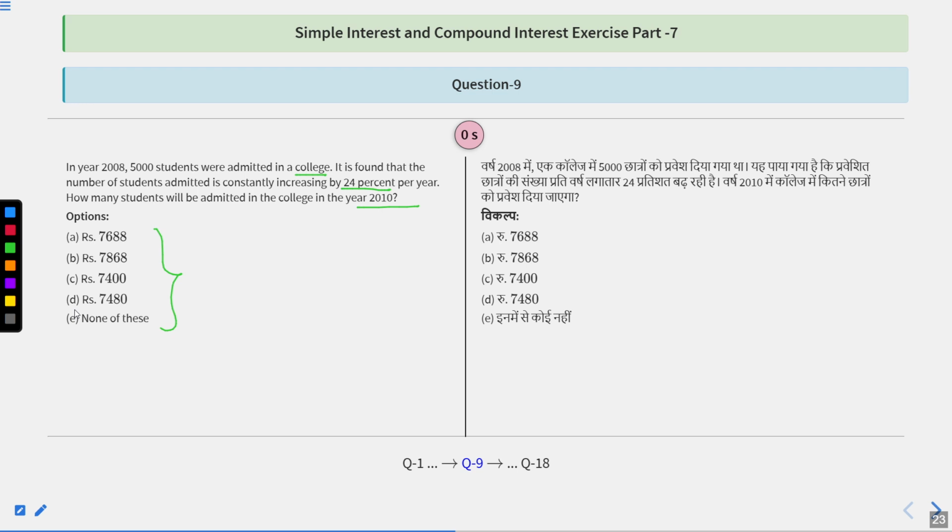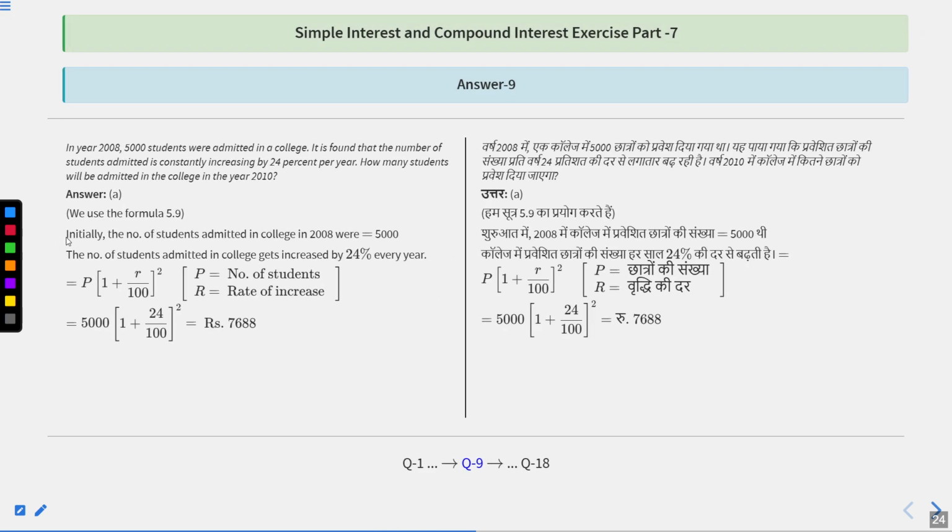Now time's up. Let's see the solution. We know that the students admitted in college in 2008 is 5,000. The number of students admitted in college increases by 24% every year. So the formula will be P (1 + R/100)^n, where n is given as 2 years because the difference between 2008 and 2010 is 2 years.